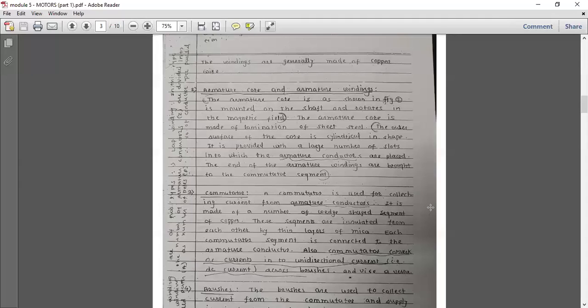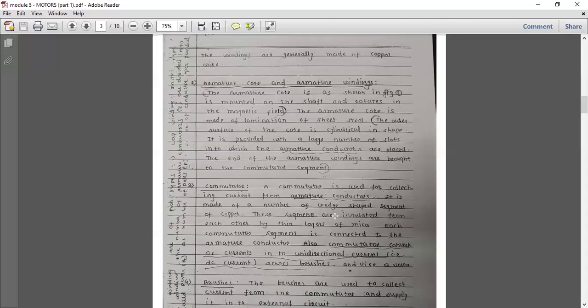It is made of a number of wedge-shaped segments of copper. These segments are insulated from each other by thin layers of mica. Each commutator segment is connected to the armature conductors.